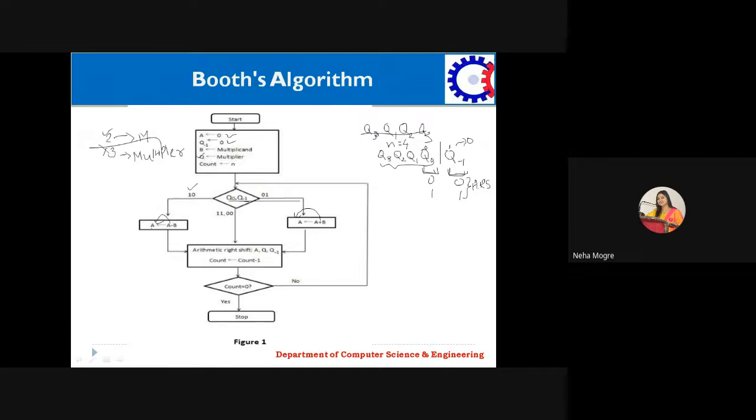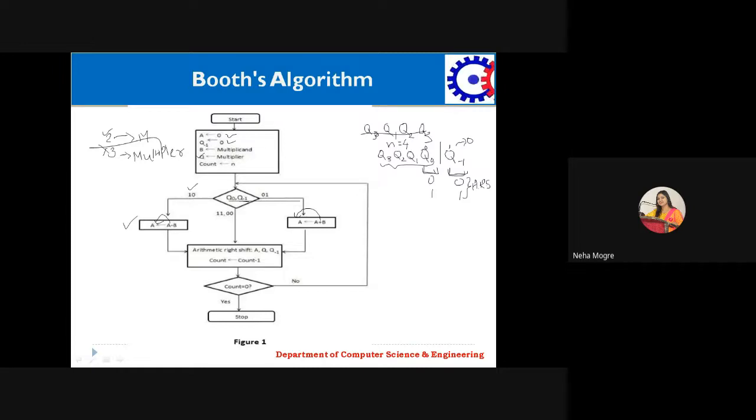Even though we are, here there will be 2 steps. Even though you are performing the subtraction of the multiplicand from the accumulator register and the value is stored in the accumulator, after that we need to perform the arithmetic shift operation. So here you are going to take 2 steps when you get the value of Q0 and Q minus 1 as 1 0 and 0 1.